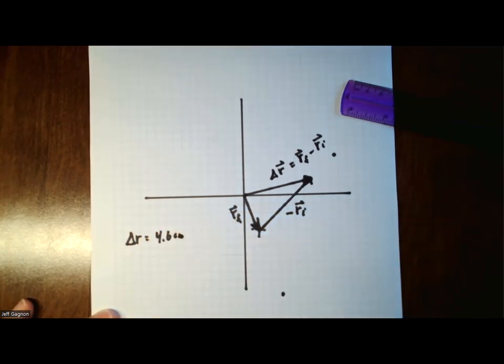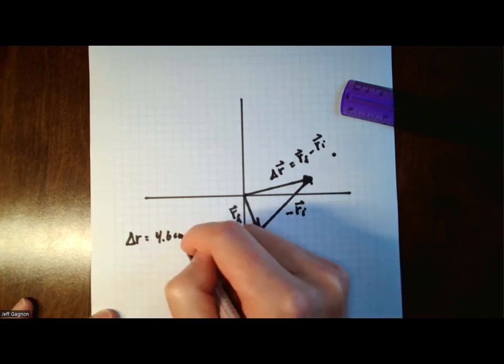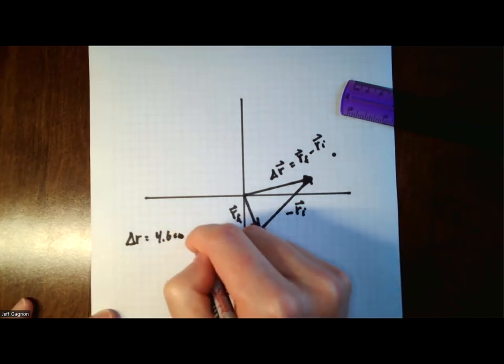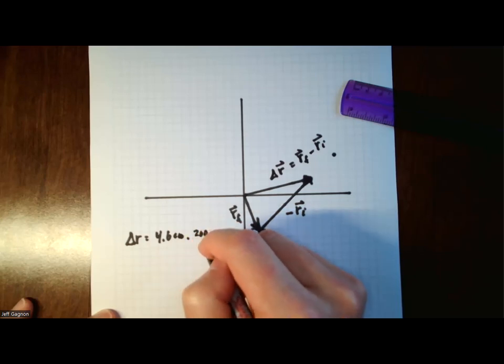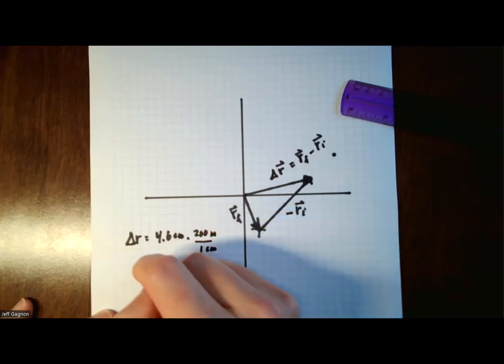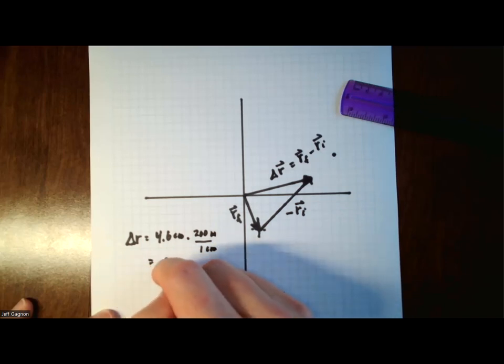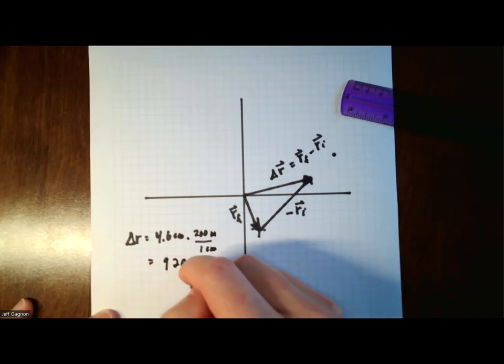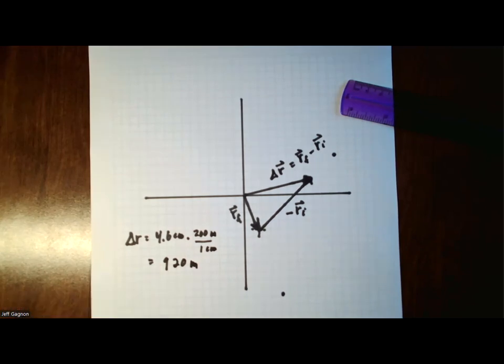But then I'm going to convert back to meters, right? So I have to multiply by, remember our conversion factor was 200 meters is 1 centimeter. So if you do that, you're going to find that this is 920 meters, right? We're back to real world units. So the real world units is 920 meters.